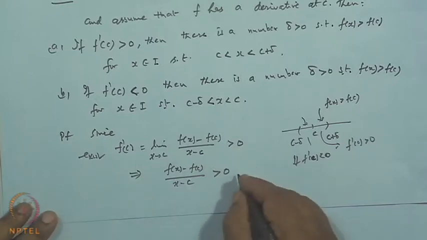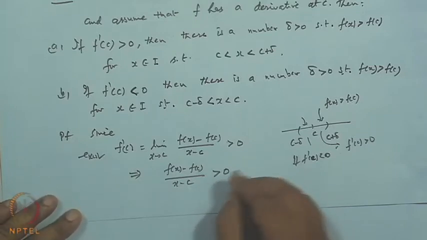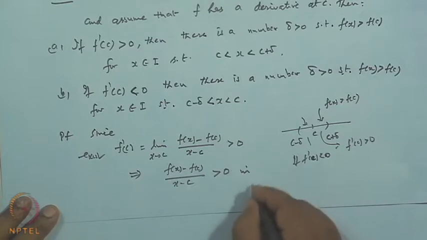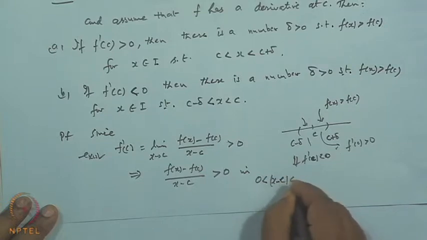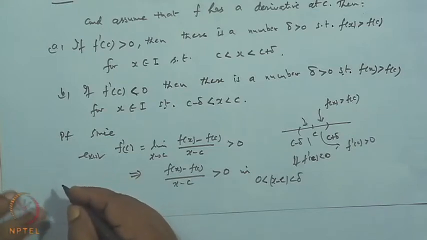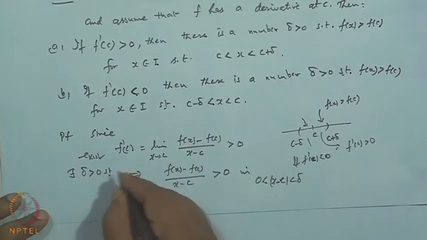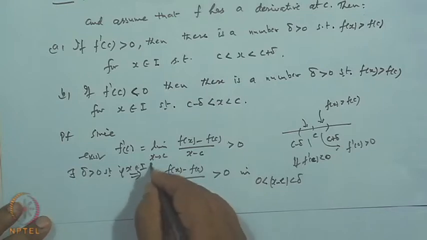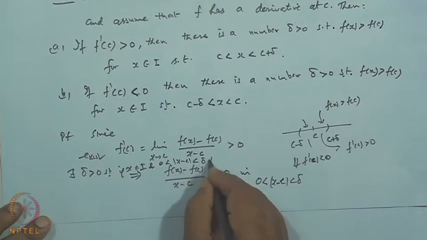Since the quotient is greater than 0 in some neighborhood, there exists a delta greater than 0 such that if x belongs to the interval I and 0 less than mod x minus c less than delta, then this holds.